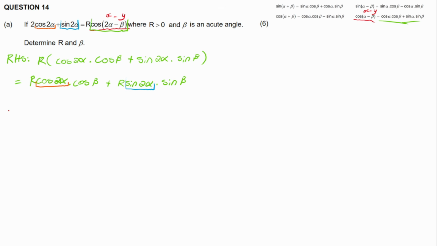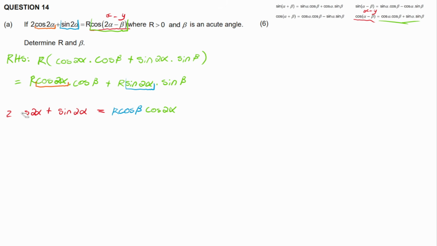So from the left, we have that 2 cos 2 alpha plus sine 2 alpha is equal to, so now what I meant by earlier where it's in an equal form is I'm going to move anything that's not underlined here in orange to the front as a coefficient. So r cos beta, okay, I'm going to use a different color for emphasis here, times cos 2 alpha.